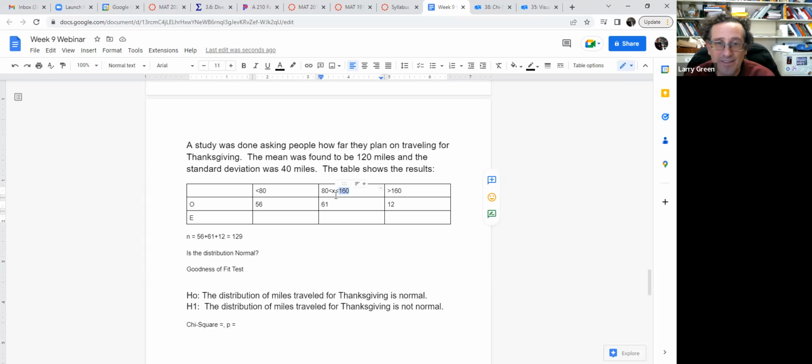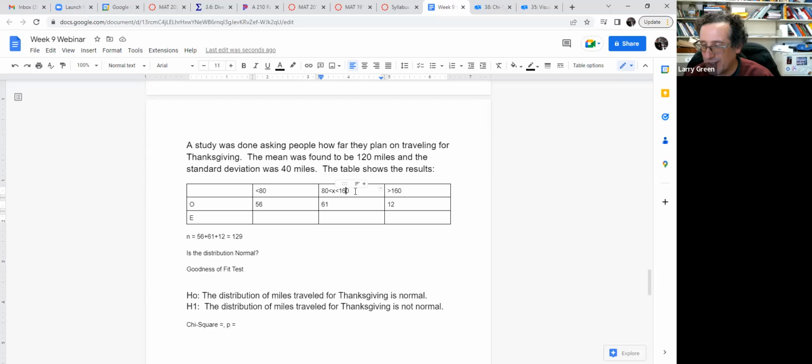So to be between 80 and 160 is saying we're within 1 standard deviation of the mean. Is that clear? What percentage of the data is within 1 standard deviation of the mean if you have a normal distribution? See if you can remember that kind of rule.